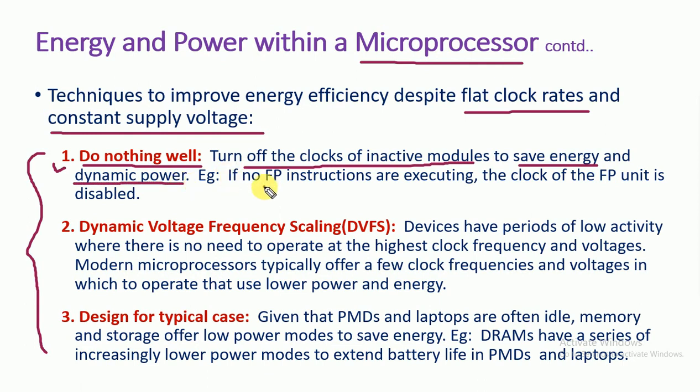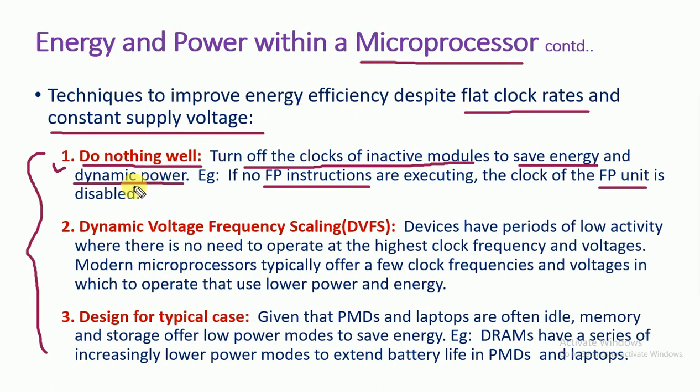For example, if no floating point instructions are executing, in our processor architecture we have seen that for floating point operations we have a separate floating point unit available. If no floating point instructions are currently running, just switch off the clock of the FP unit, so that we can save the energy for that operation, and also save the power requirement that happens dynamically within the processor.